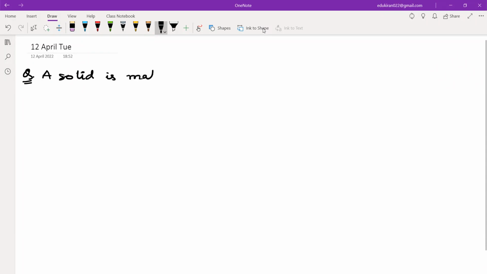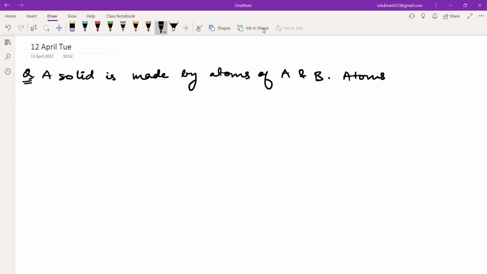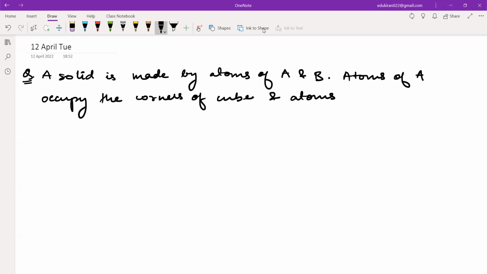A solid is made up of atoms of A and B. Atoms of A occupy the corners of a cube and atoms of B are at alternate face centers.